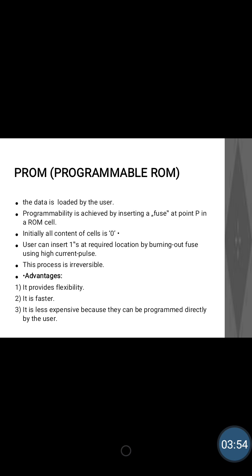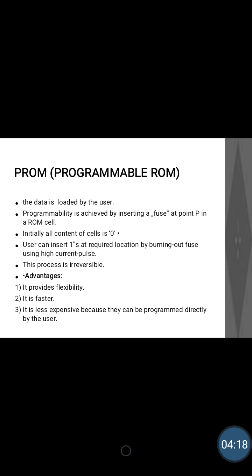Before programming, that is initially, all the contents of the cells will be 0. So I can insert 1 within some of the cells wherever I need. How? By burning the fuses using a high current pulse, because when 1 is stored in the cell, the fuse is not connected to the ground.